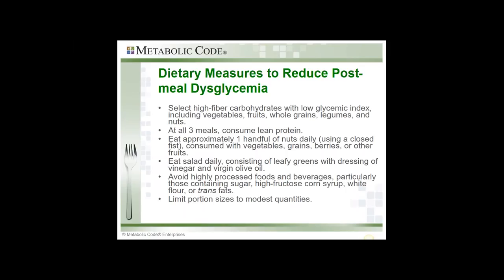There have been studies done on ways to effectively reduce this post-meal dysglycemic effect, and several important factors were identified with your way of eating that were found to be helpful. Of course, central to it, point number 1 on this first bullet, is that people need to change the types of carbohydrates that they're eating.